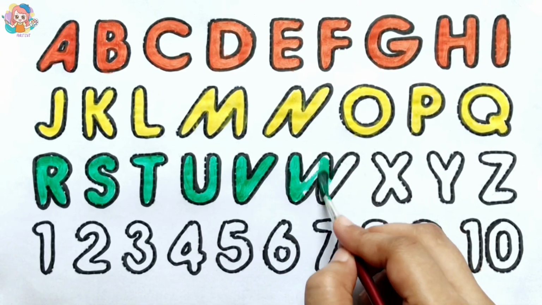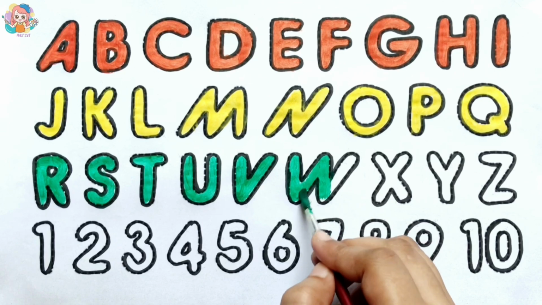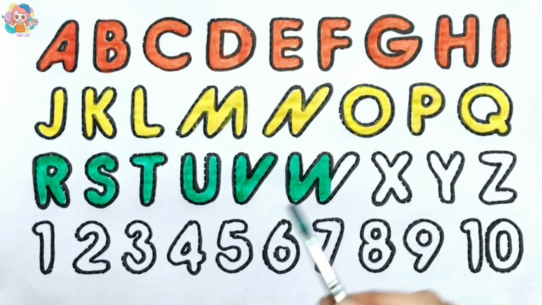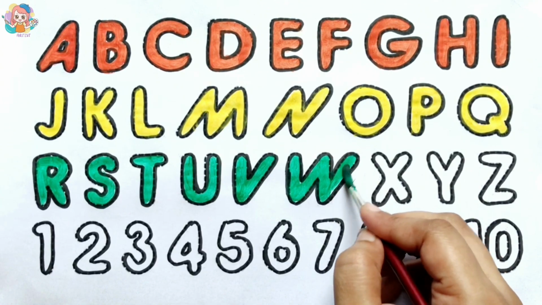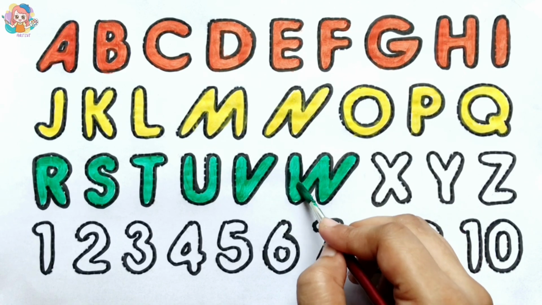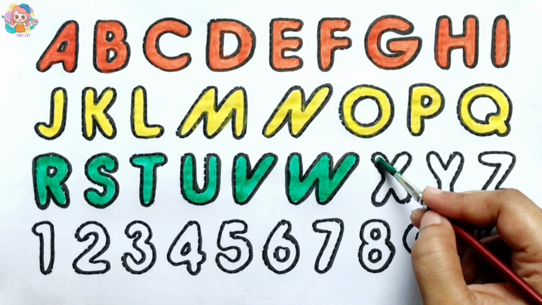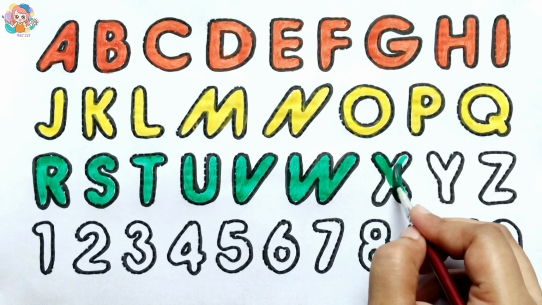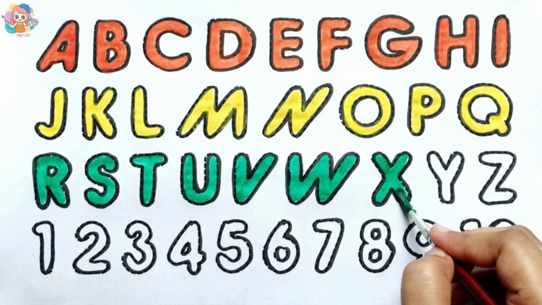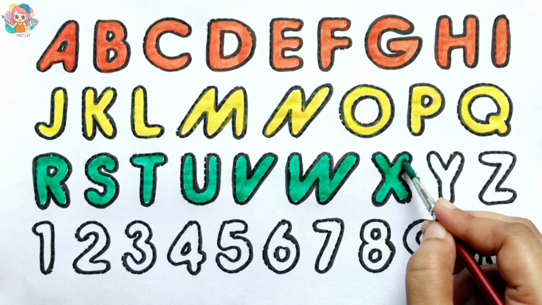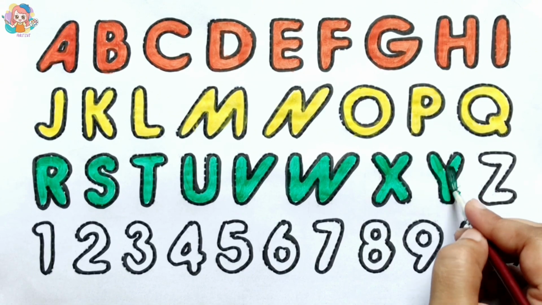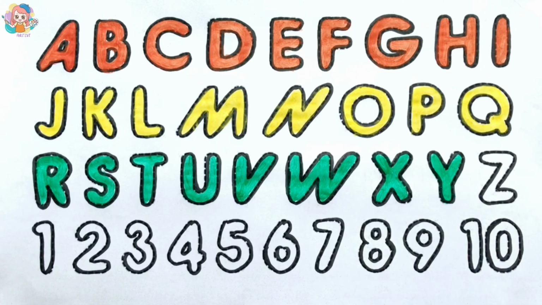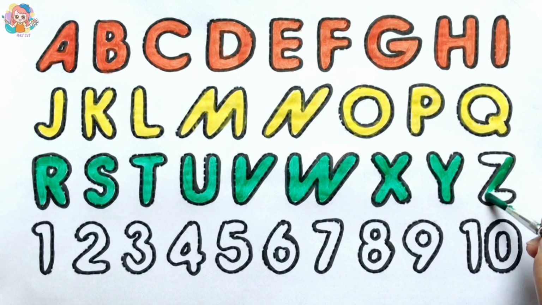W for watermelon. X for Xmas tree. Y for yellow. And last alphabet Z. Z for zebra.